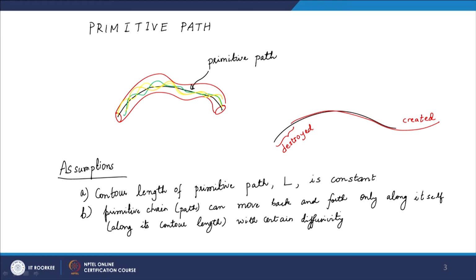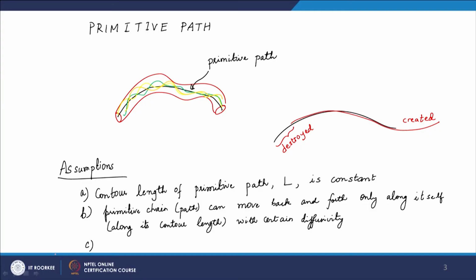And finally, what we can also assume is that this primitive path or a primitive chain is ideal in nature, that is, it shows Gaussian characteristics. That, of course, is an approximation. And if I assume that, then in terms of continuous contours, we can define the tangent at different locations if S is my contour variable.